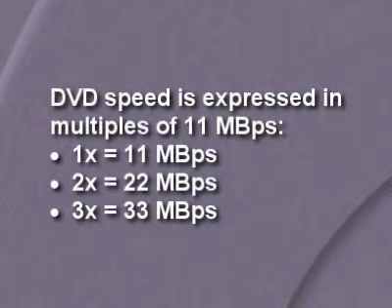Also, like a CD-ROM drive, DVD drives are rated according to their speed, and they're rated in much the same way. We have a 1x, a 2x, a 3x, a 4x, etc. However, the speed involved is very different. With a DVD, a 1x drive transfers data at 11 megabytes per second, a 2x drive transfers data at 22 megabytes per second, a 3x drive transfers data at 33 megabytes per second, and so on.